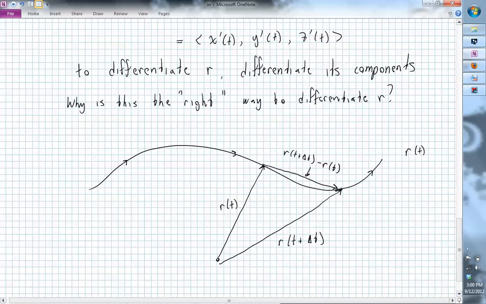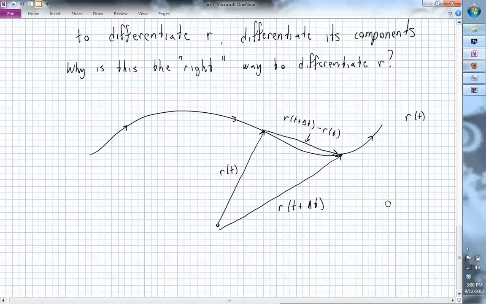What happens as delta t goes to 0? Yeah, that vector shrinks away to nothingness. This is where delta t plays an important role. Left to its own devices, this picture is not very interesting as delta t goes to 0. As delta t goes to 0, this vector turns into this vector, and that vector goes away.